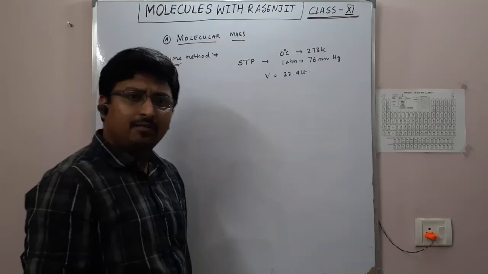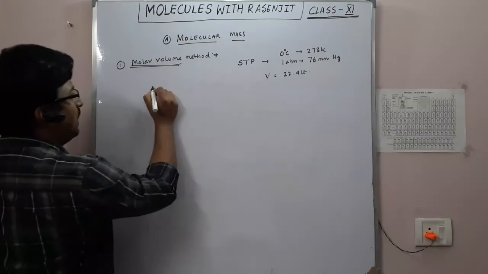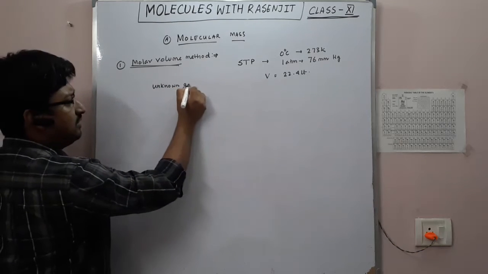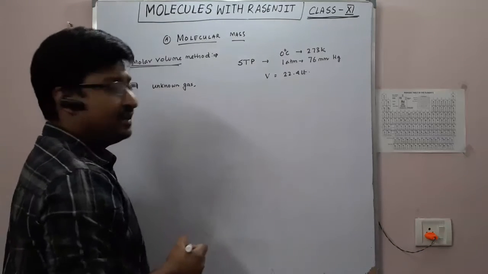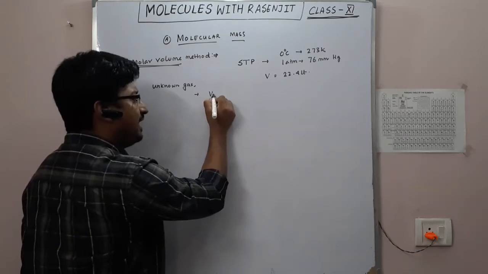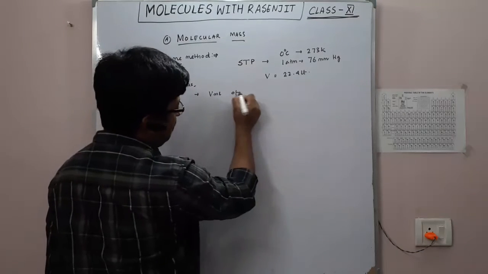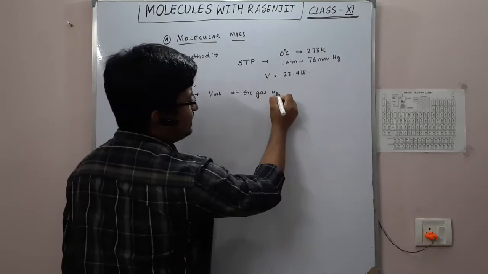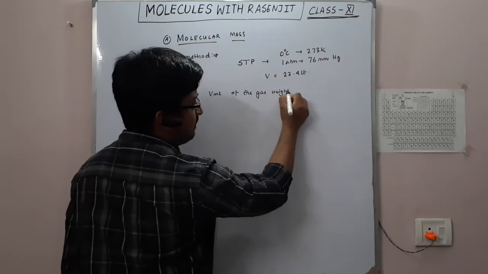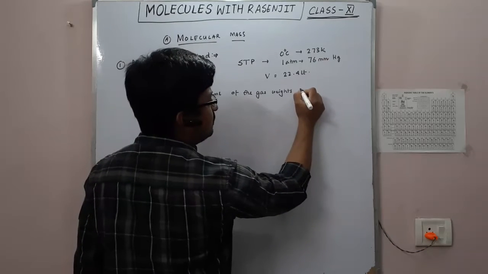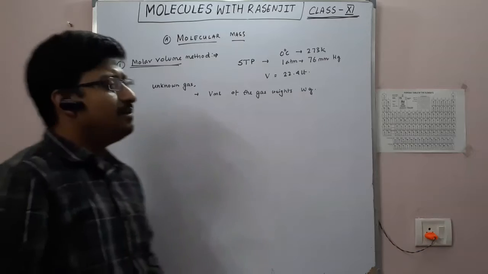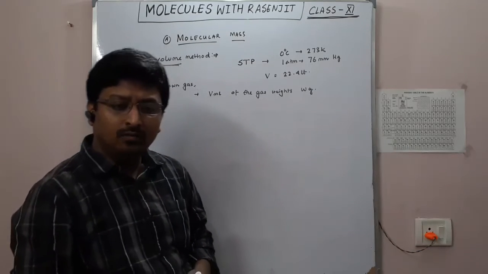Now let's say I give you an unknown gas, and V mL of that gas weighs W gram.